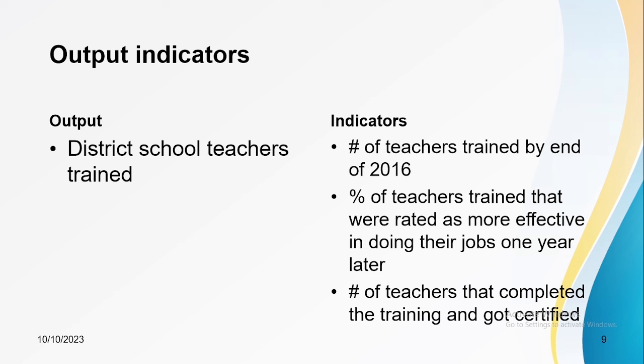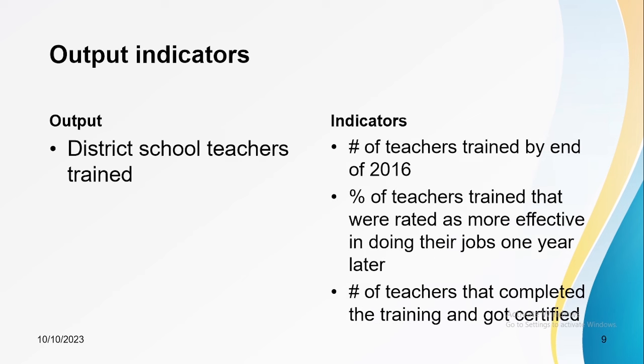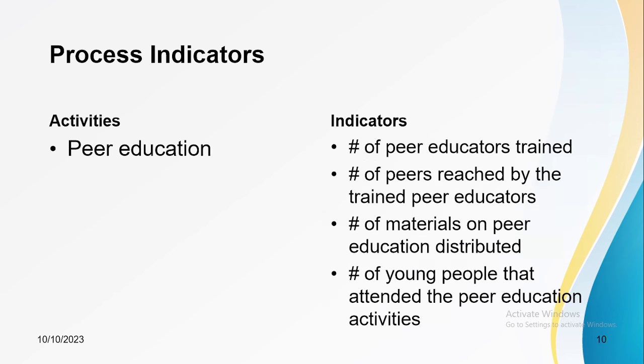Percentage of teachers trained that were rated as more effective in doing their jobs 1 year later. That will help us measure the success, and the number of teachers that completed the training and got the certificate. In this case, it can also be, maybe, M&E professionals trained, and the number of students that have completed the training and gotten certified. That is an output indicator.